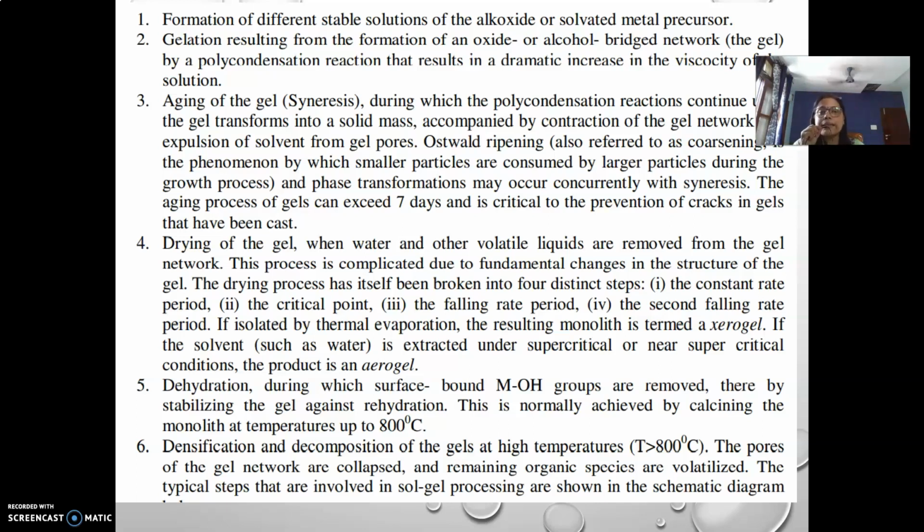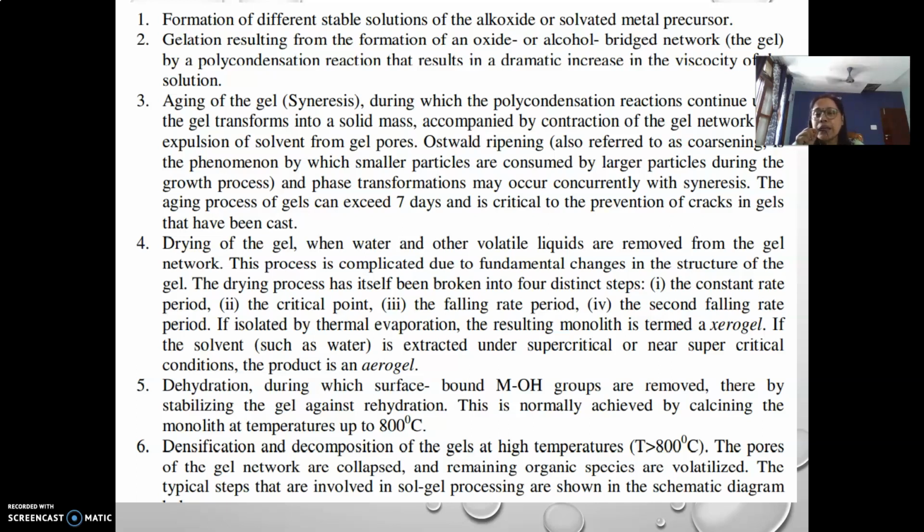So we can again say that first the solution formation, then gel formation, then aging for polycondensation, and that polycondensation will give us the desired network of metal-oxygen-metal bonds with the smaller particles fitting into the pores produced by the larger ones.